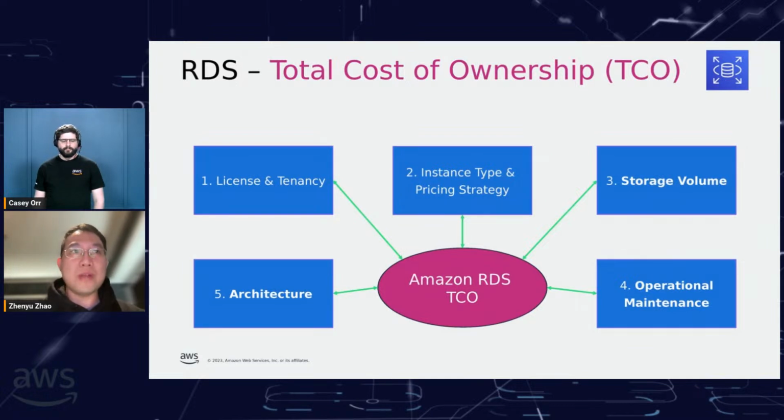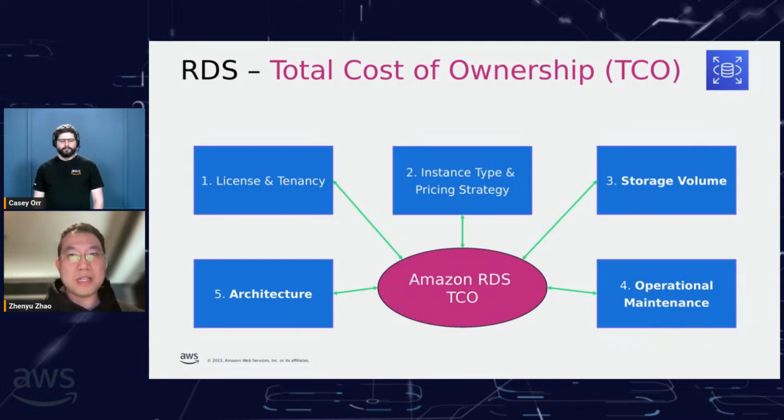We will see some real life customer examples where the I/O and the storage cost start to take over the instance or the compute cost as they start storing more data and want to collect more user information, and also the I/O, the queries they put through into the database system, create quite a significant impact on the cost.